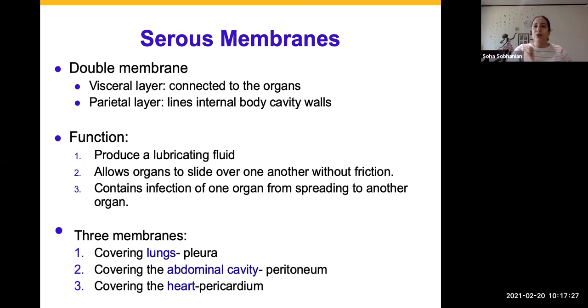If you hear the word outer, you automatically should say what? Parietal, right? Because it's associated with the abdominal cavity, we say peritoneum. So let me ask you another one. What is the inner lining that comes and covers the heart? Inner lining that covers the heart.